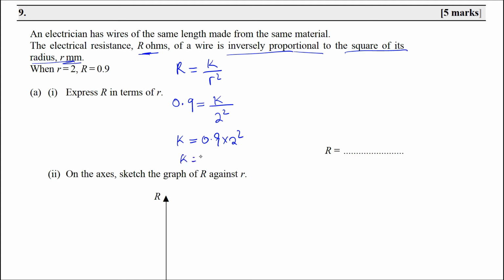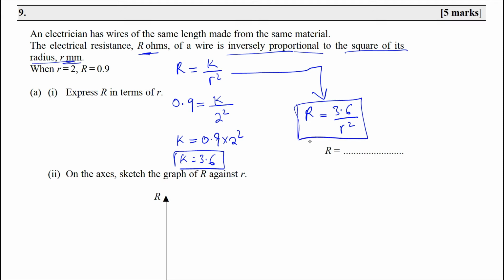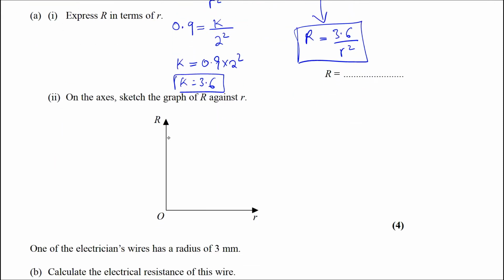So k will be equal to 3.6, which means that our formula will be R is equal to 3.6 over r squared. Again, this is inverse proportion, so we expect the graph to be something like that.